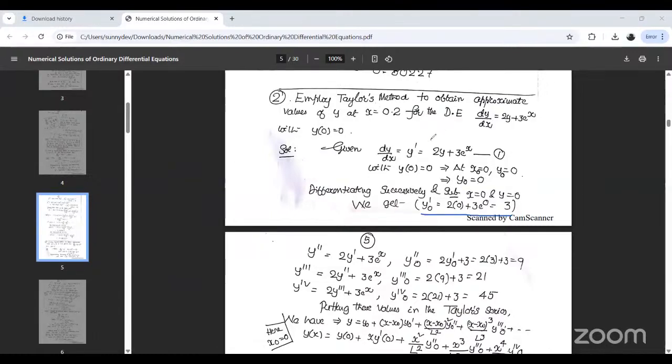Here we can substitute y equal to 0, that is 2 into 0.